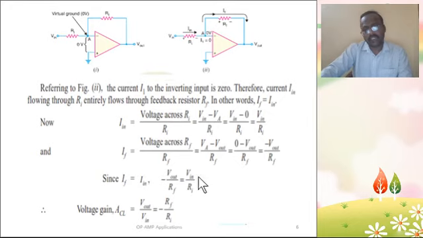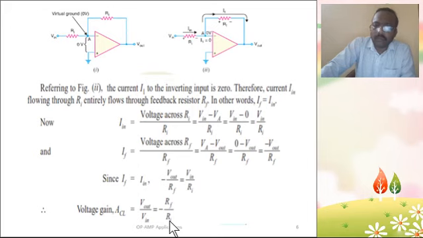So from this equation we can find the gain of the inverting amplifier. The gain of the inverting amplifier is called ACL, the closed loop gain. ACL is equal to Vout divided by Vin, which is equal to minus RF divided by Ri. What is gain? Gain means output voltage divided by input voltage.